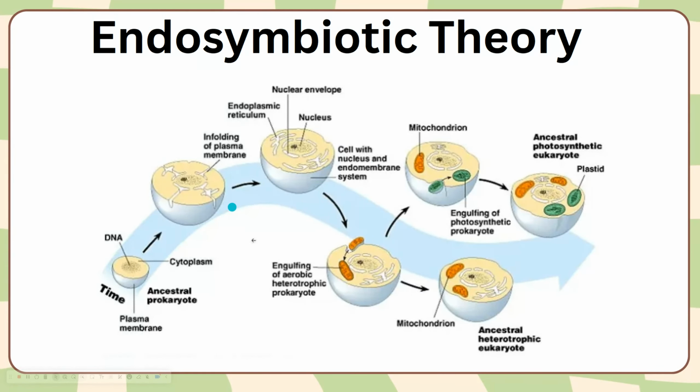And then we can have an ancestral eukaryotic cell live its life, and maybe it engulfs a different type of prokaryotic cell that can make energy. And it doesn't dissolve and destroy that because it's been useful to it.